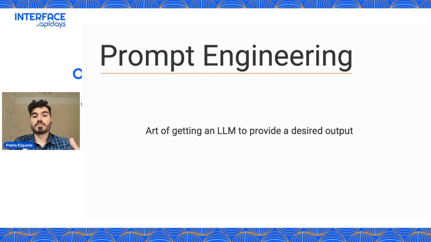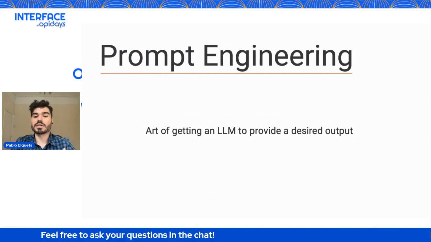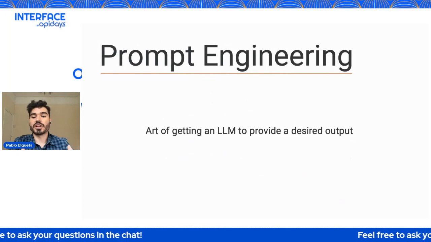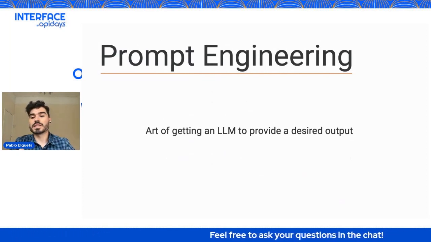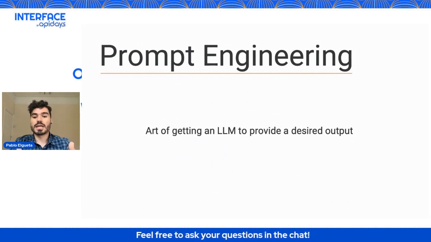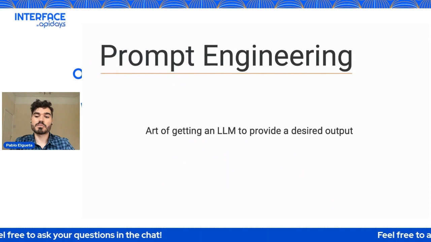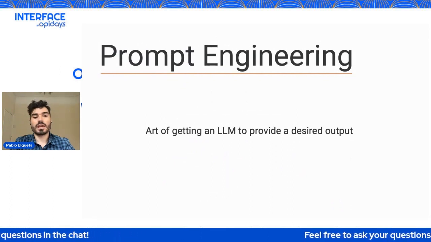So then what is prompt engineering? Personally, I find that prompt engineering is the art of getting an LLM to provide the desired output. Why the art? Because LLMs, as you've seen, are non-deterministic, which means that providing the same input won't necessarily yield the same results every time. And on top of this, they are extremely complex.